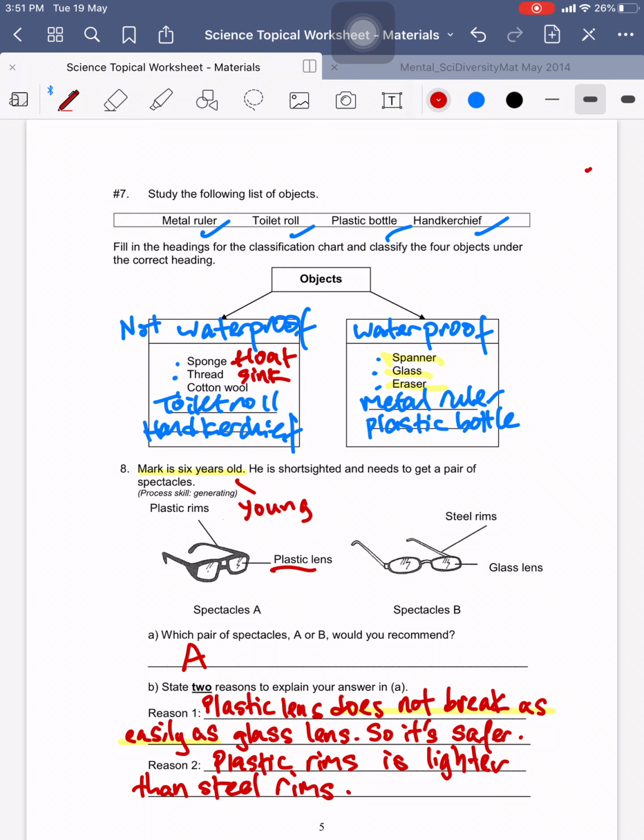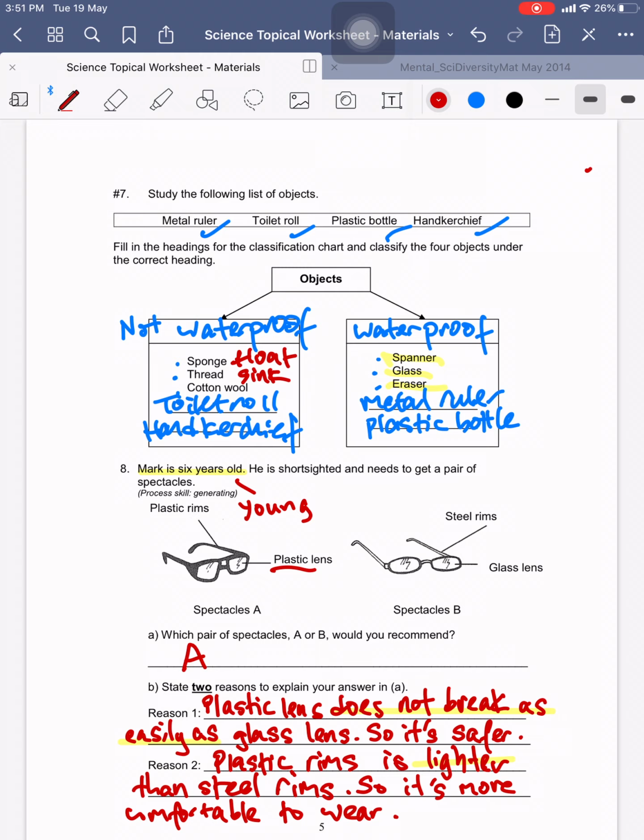Okay, so the comparative term we are using here is lighter. Okay, so it is more comfortable to wear. Alright, so this will be the answers for question number 8.